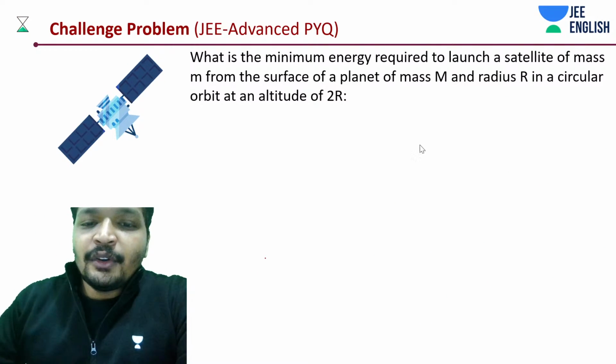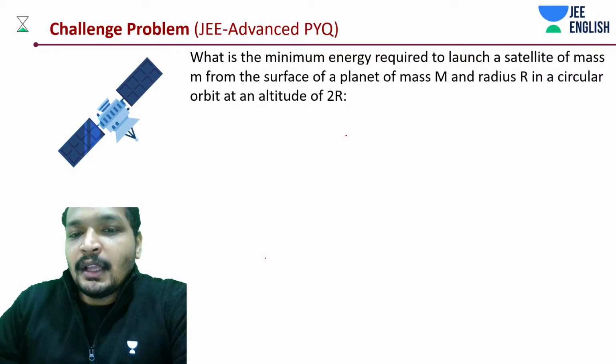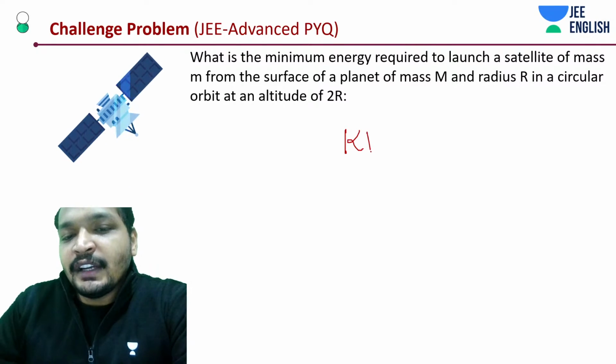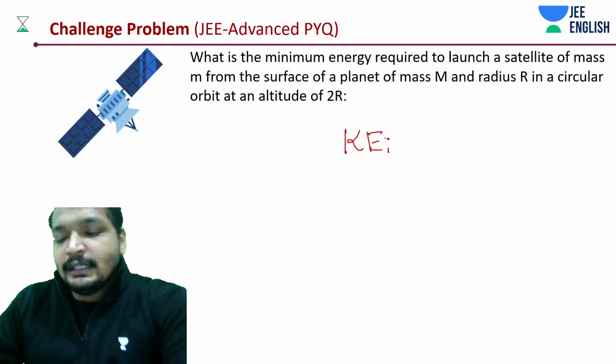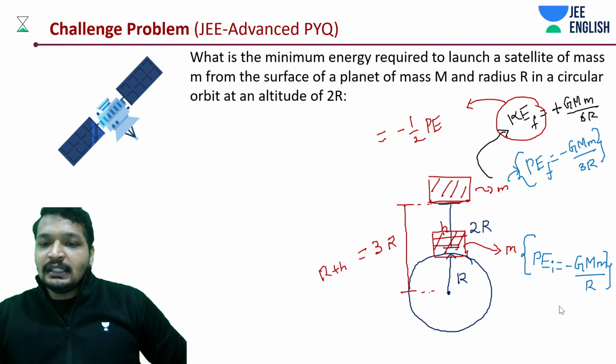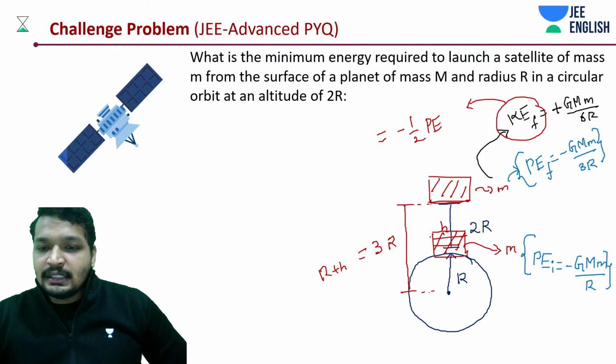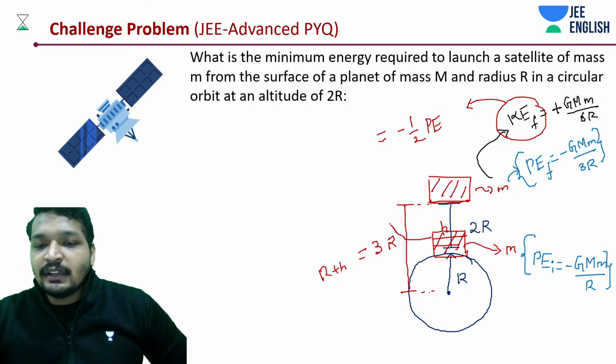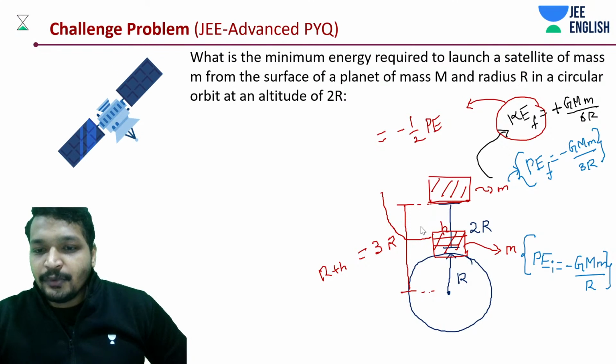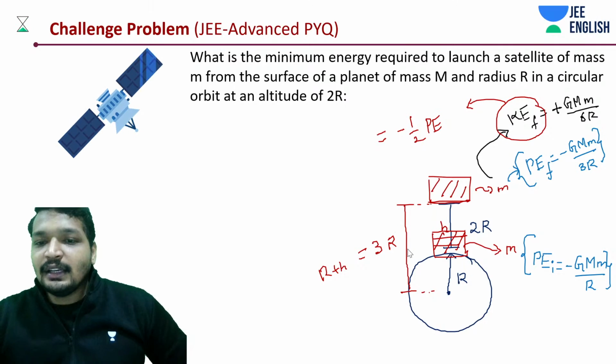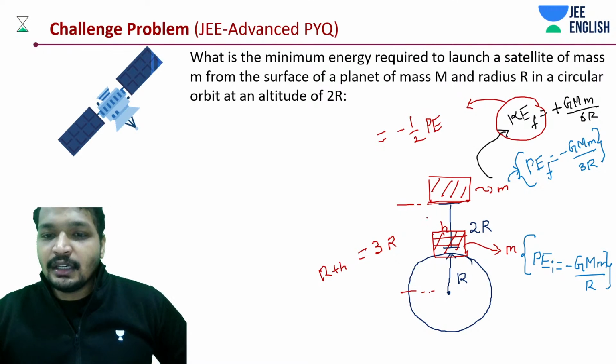So what are we going to do? Some kinetic energy would be given initially, right? We haven't said anything about the kinetic energy, or some energy needs to be given. You are understanding this point. It's not going to be a straight line motion, I don't think it's going to be.